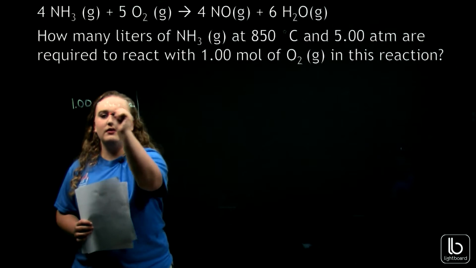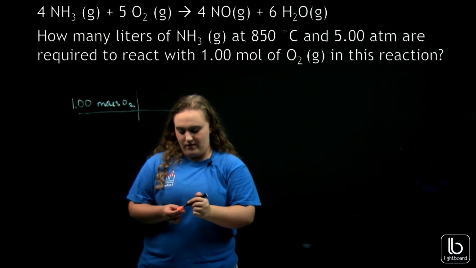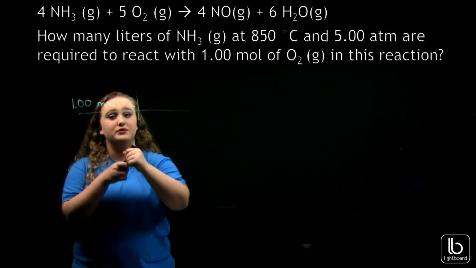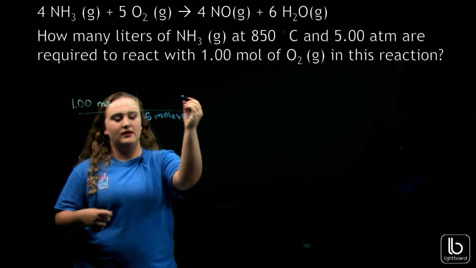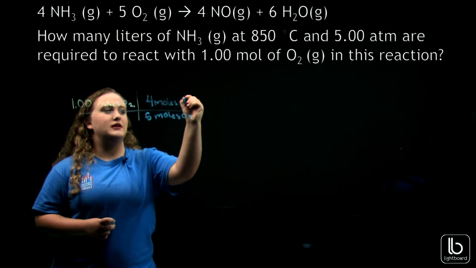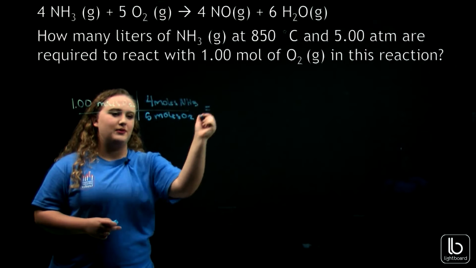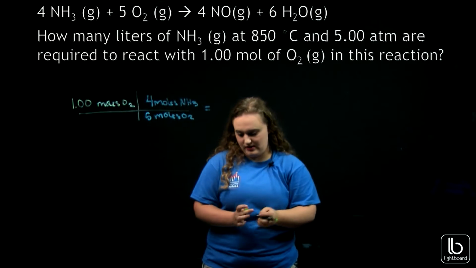So using this reaction, I know that for every 5 moles of O2, I need 4 moles of NH3 to react. So this is helping us find our moles of NH3.